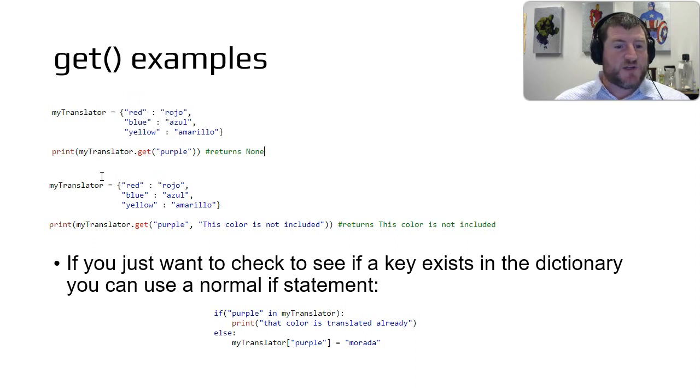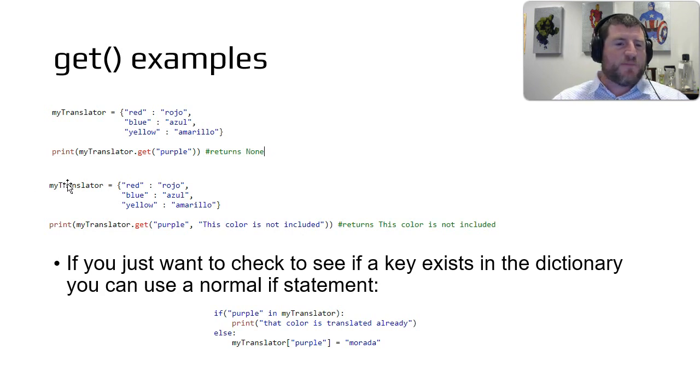Now, if I just tried to print my translator square bracket purple, then it's going to give me an error, right? If I just tried to print this right here, it's going to normally give me an error because it doesn't exist. So the get actually prevents that error, but it just returns none. So it doesn't give you any extra information.